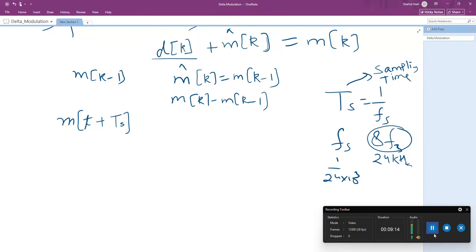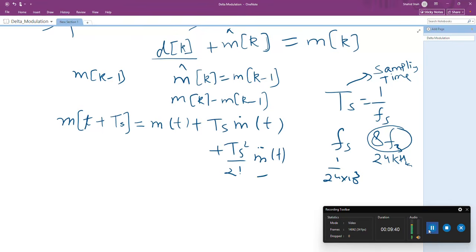So what is the value of m of t plus Ts? The Taylor series says that it is m of t plus Ts times the derivative of m of t, plus Ts square by 2 factorial times the second derivative of m of t, and so on.